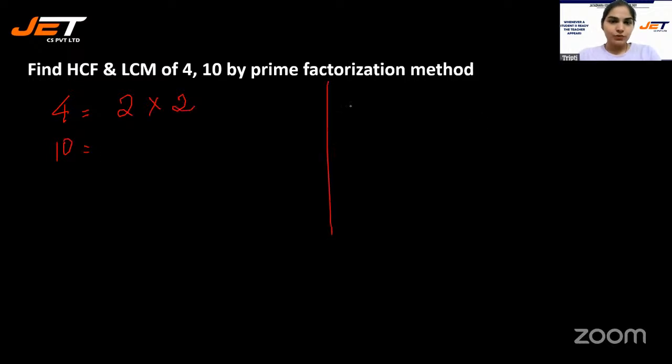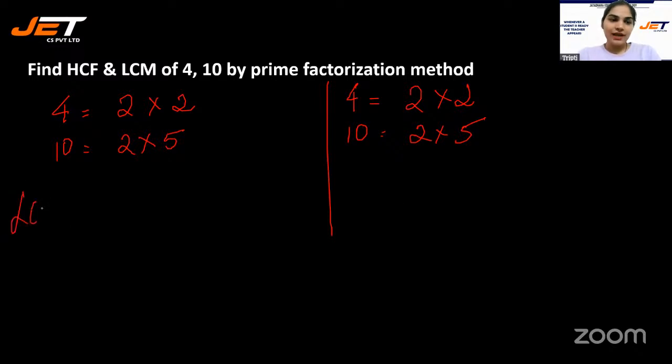I'm writing it twice here to make you understand the difference between LCM and HCF. And 10, 2 times 5 is 10. Now here I'll be finding out the LCM and here I'll be finding out the HCF.